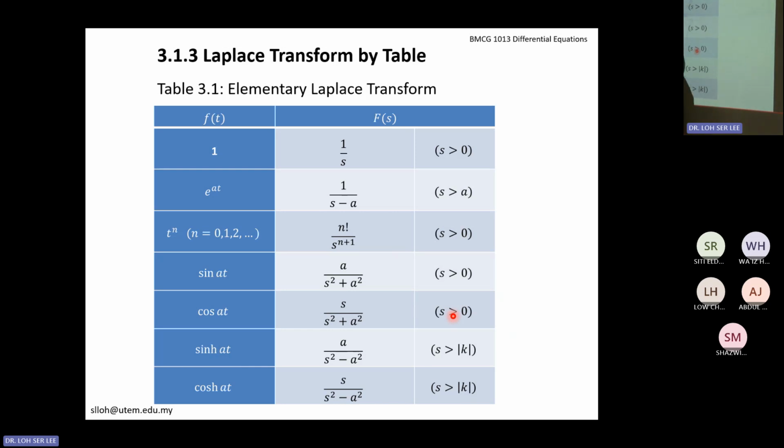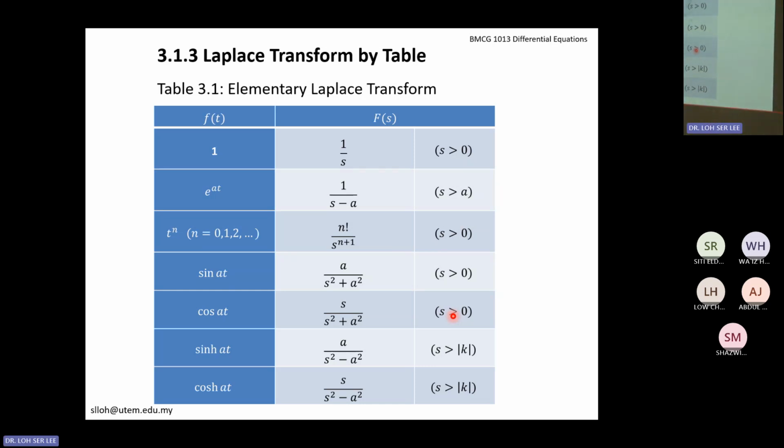Cos 2t, after the Laplace transform, will be s over s squared plus 2 squared, which is 4. So the Laplace transform is very simple because you are using the table, but where we get this table is all by definition. From the definition, we get all this.